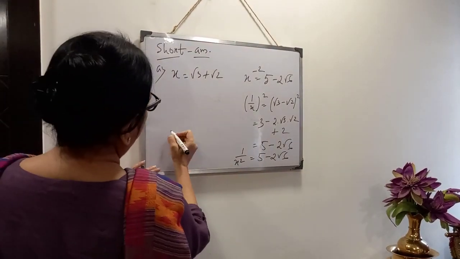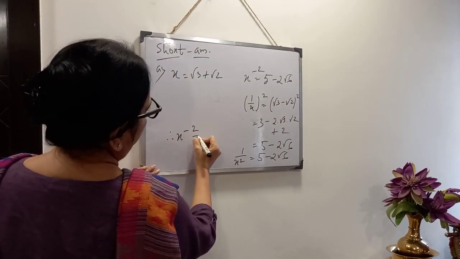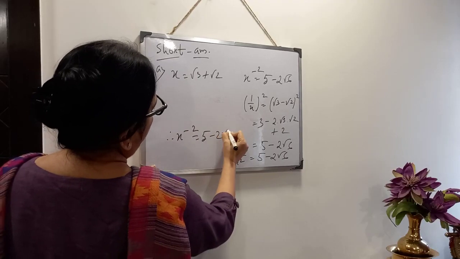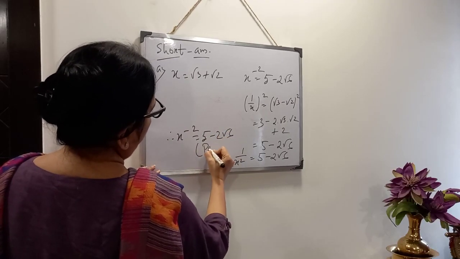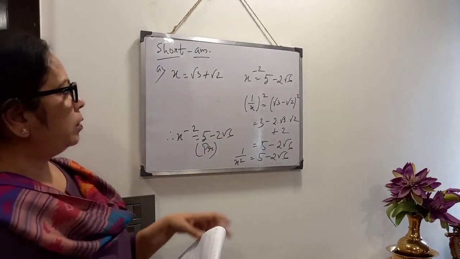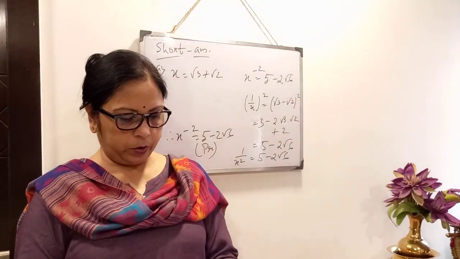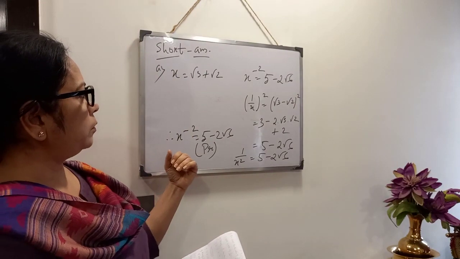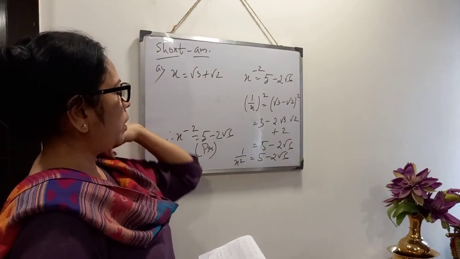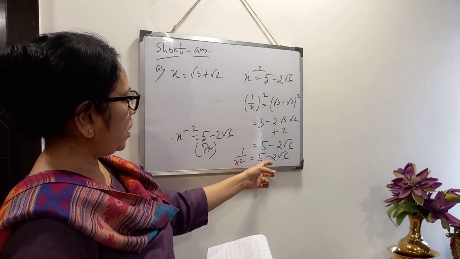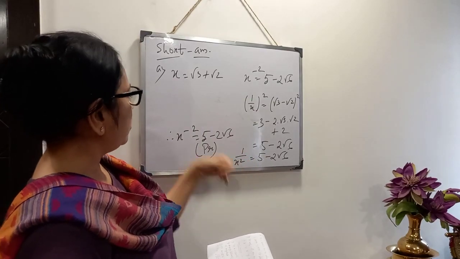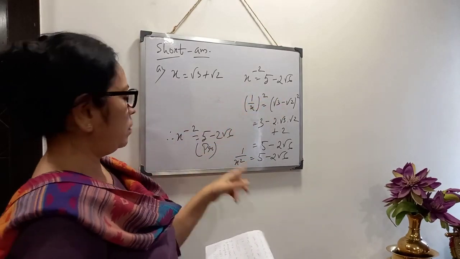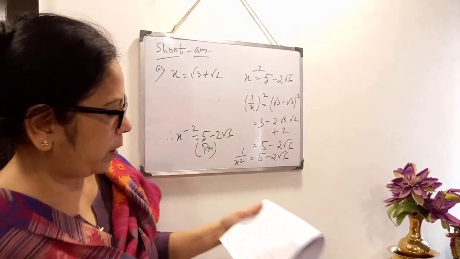Proved. Clear? So what we did first? We have x given, we have calculated 1 by x, then we have squared both sides. 1 by x square is coming this, 1 by x square means x to the power minus 2. So it is proved. Now next one.